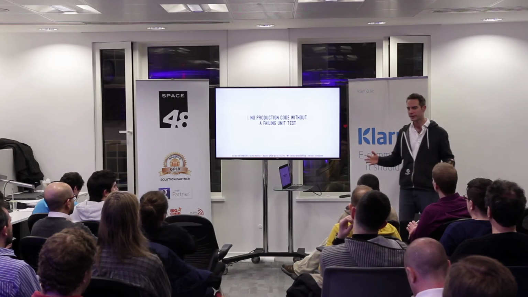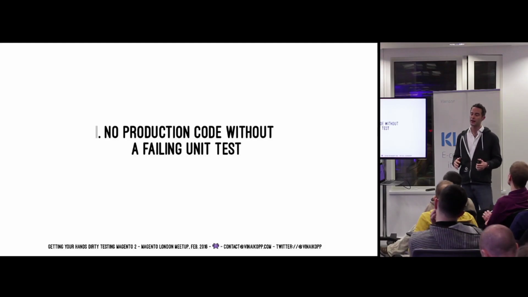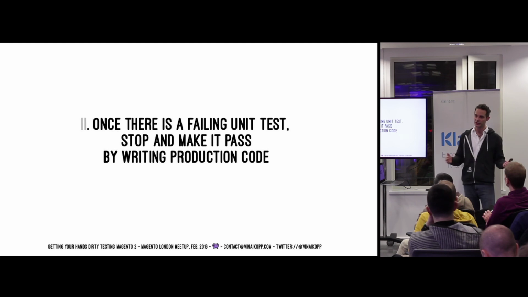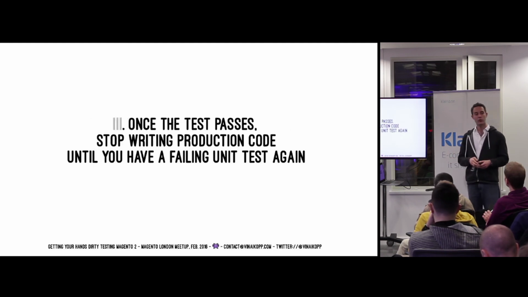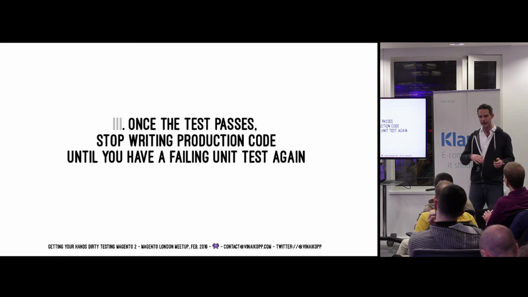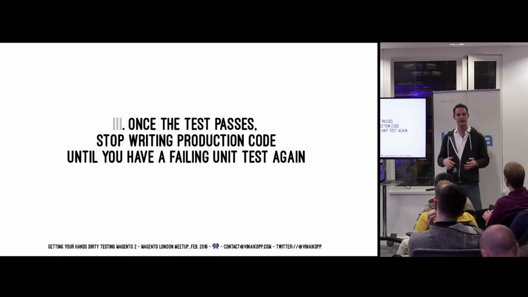Which means I first have to write a unit test, and as soon as that fails, I have to stop writing the unit test. That's the second rule. As soon as my test fails, I stop writing the unit test, and I have to make it pass by writing production code. And then the third rule is, once that test passes, I have to stop writing the production code and go back to continue writing a new unit test or expanding the current unit test until I have a failing unit test again.